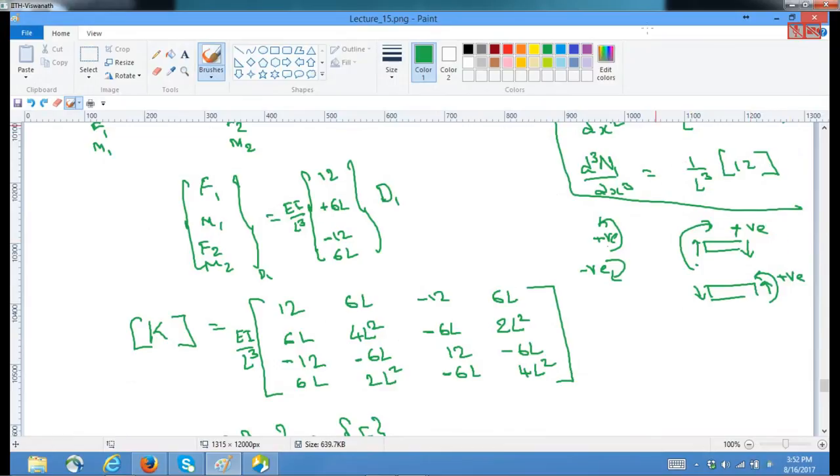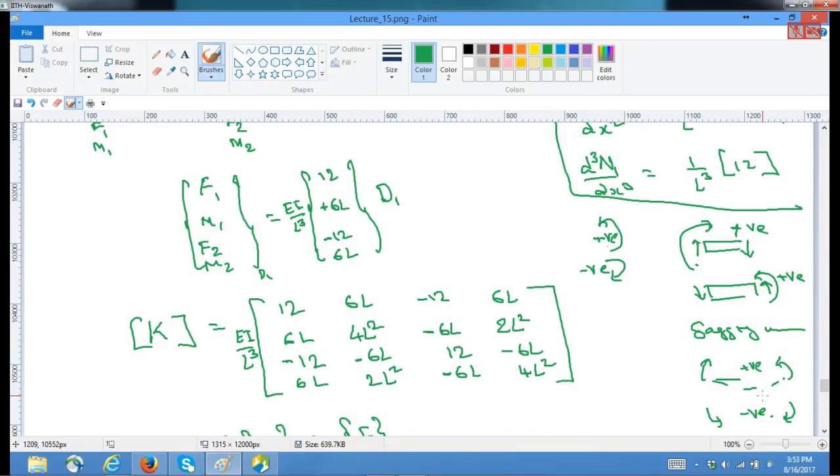Let me rewrite it. If you consider sagging moments as positive on this side and this side, this will cause sagging, so this is positive, and the hogging moments are negative. Then whatever you obtained, even though it has a negative sign, would be opposite, so you have to take it as positive 6L. That's the reason the sign was flipped when I was deriving, taking it in the force format.